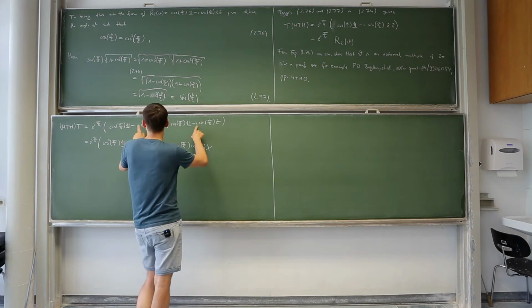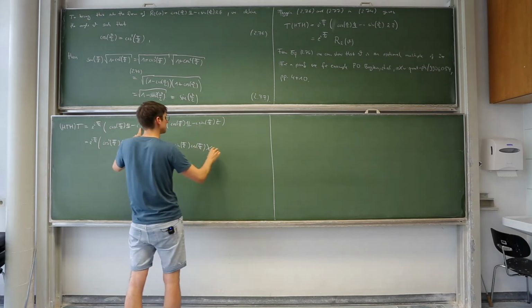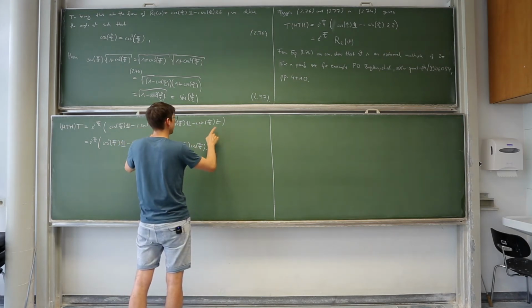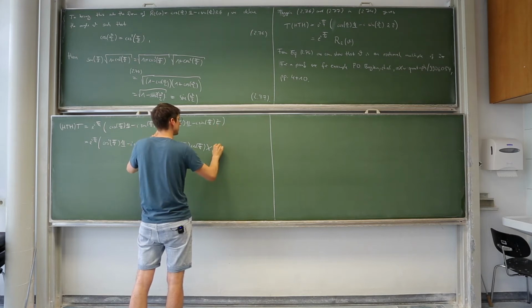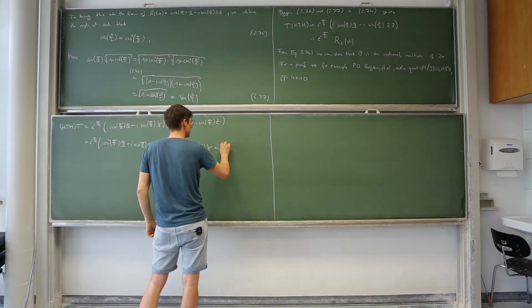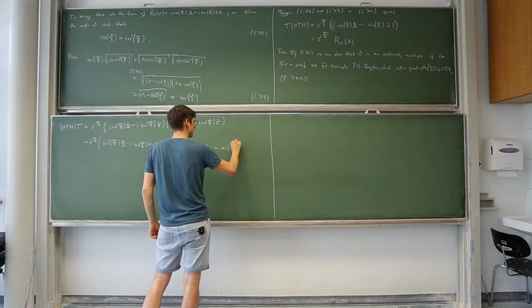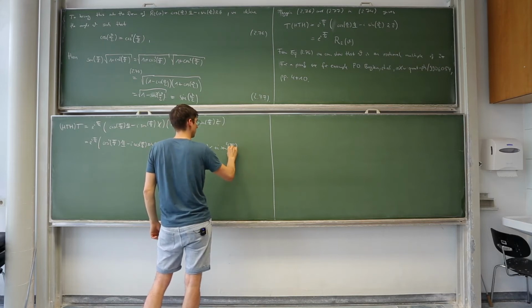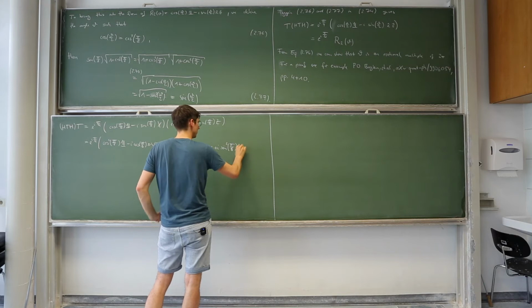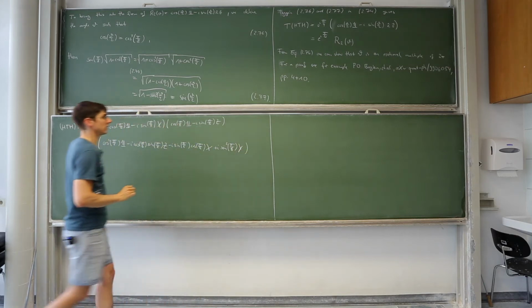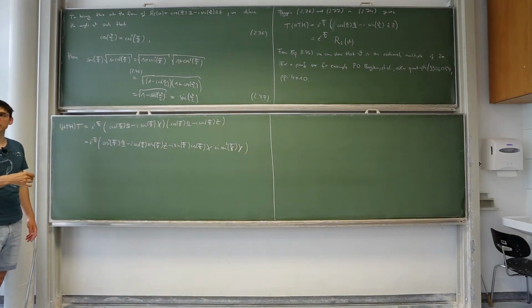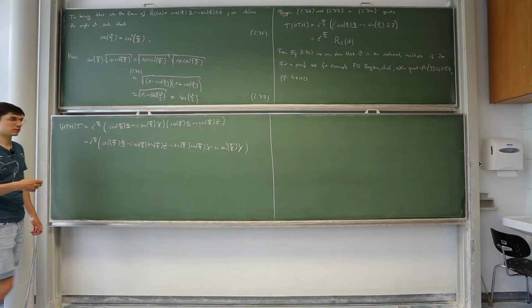And then here we have plus, minus, and then x and z gives minus plus I sinus pi over 8 squared times y. Okay, now we rewrite this again in a way that we get a rotation matrix.